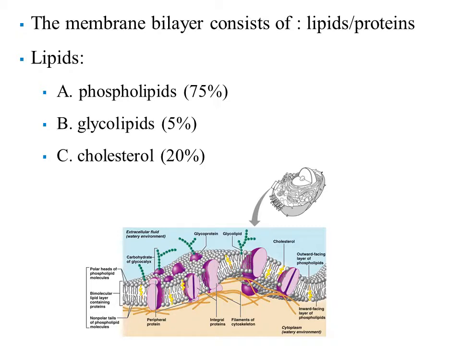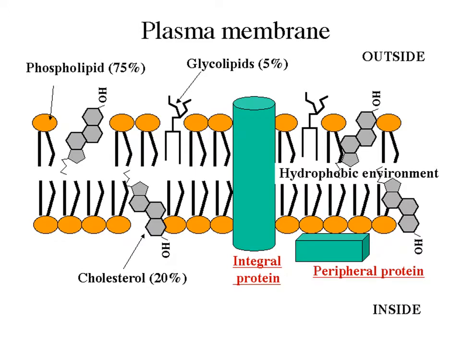The lipids are further separated into phospholipids, glycolipids, and cholesterols. The phospholipids make up the majority of the lipid content of the cell membrane, about 75%. The glycolipids make up 5%, and the cholesterols make up 20%. This slide shows you how it is evenly dispersed within this membrane.